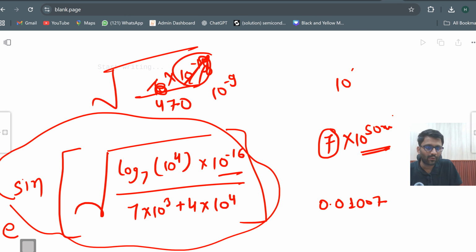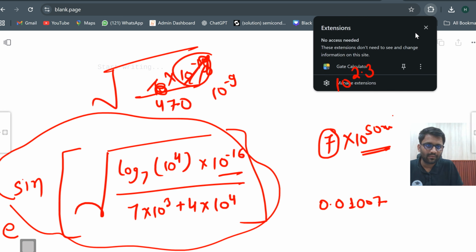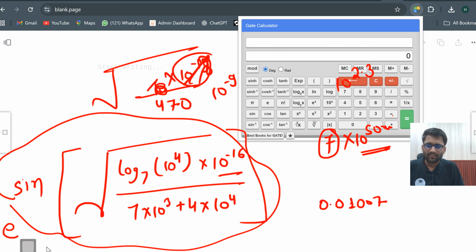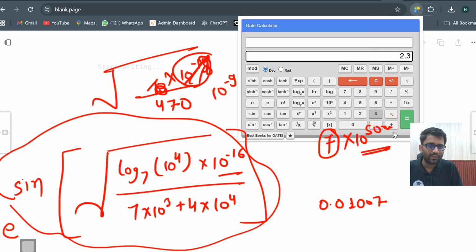Let's just say 10 to the power 2.3 is there. So first I will put 2.3, then 10 to the power 3, then into 7, and then I need to take the under root, and then I have taken the under root.